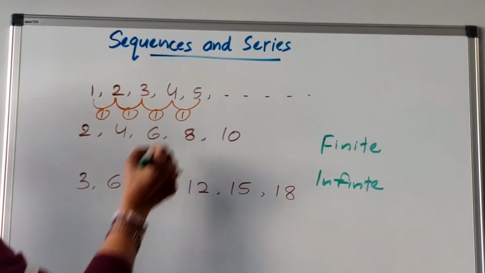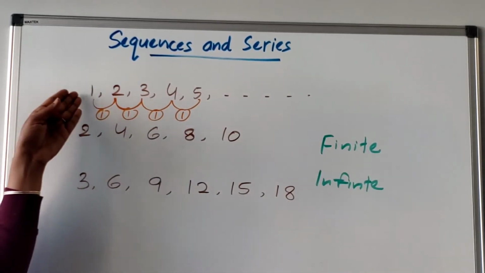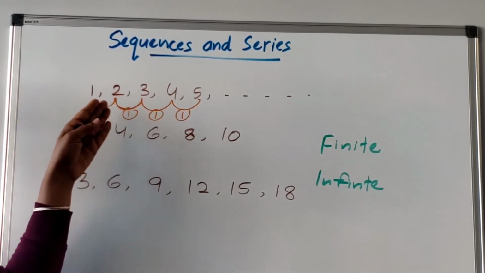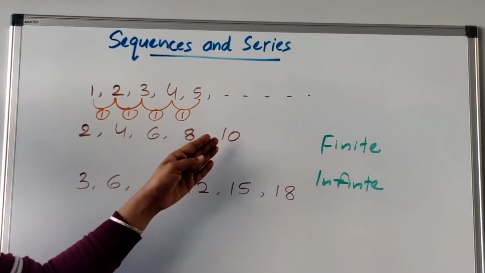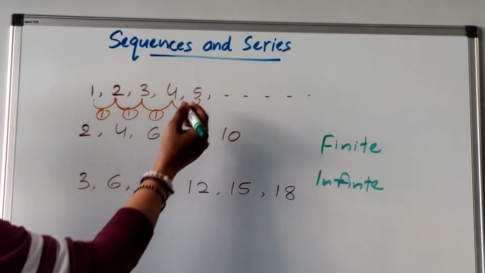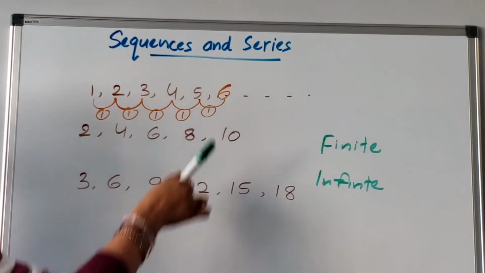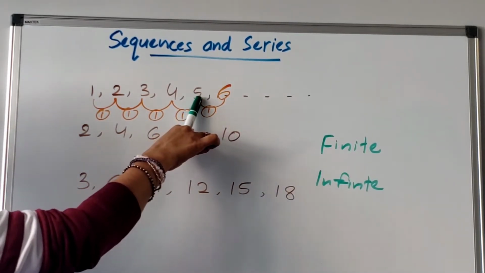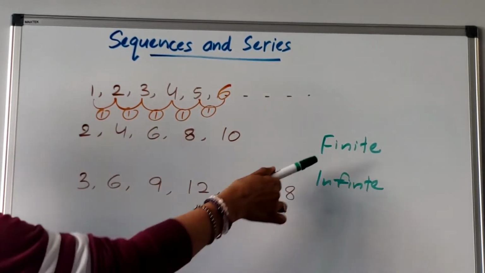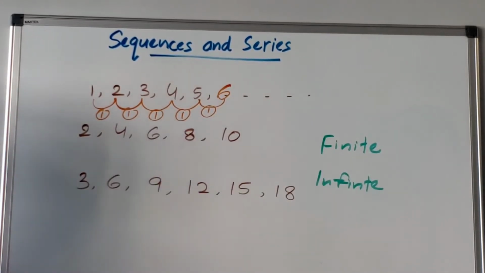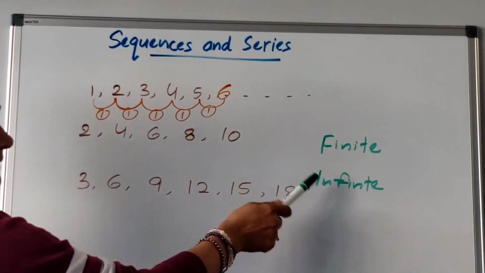So once I have the pattern rule, I will say this pattern comprises all the terms that start with a 1 and go on increasing by 1 each time. If I have to find the next term, that's simple, that will also be found by adding 1 to the previous term.